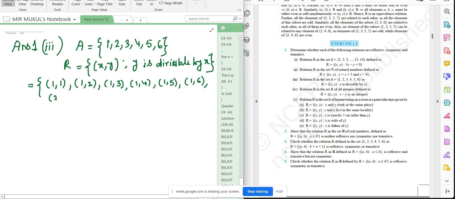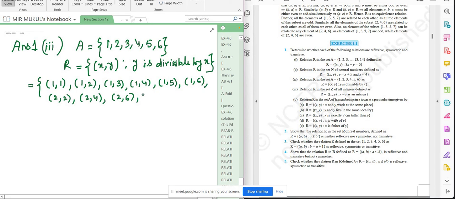For 2, we can't take (2, 1), and (2, 3) we can't take. (2, 4) we have to take, and (2, 6) we can take, since y should be divisible by x.